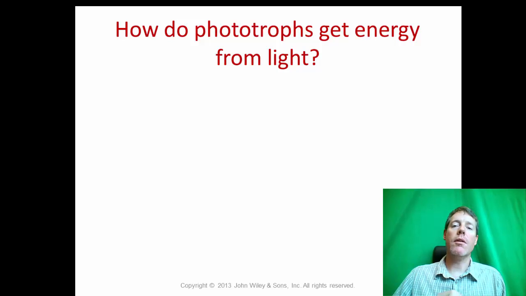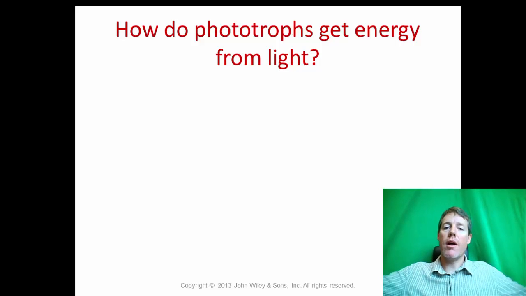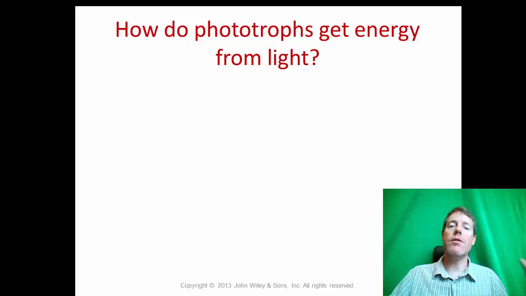Well, ultimately, what is the source of all energy on Earth? Where does that energy come from? It's from sunlight. And that energy is brought into our ecosystems and made usable for organisms by a key chemical reaction called photosynthesis. Now, how do phototrophs, which are those organisms that use sunlight as sources of energy, get energy from light?